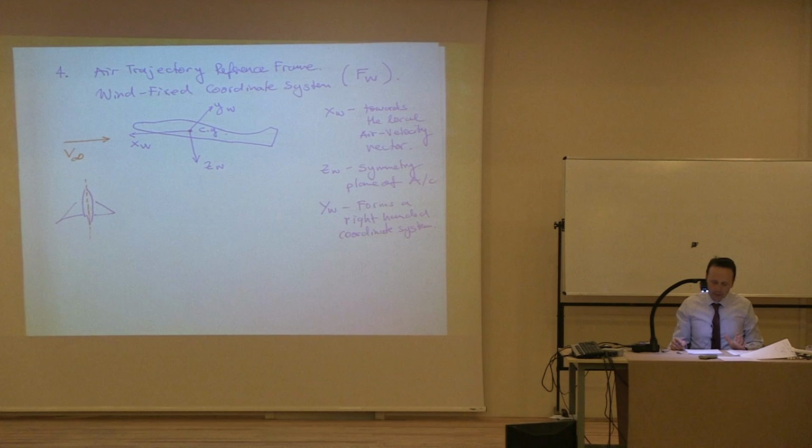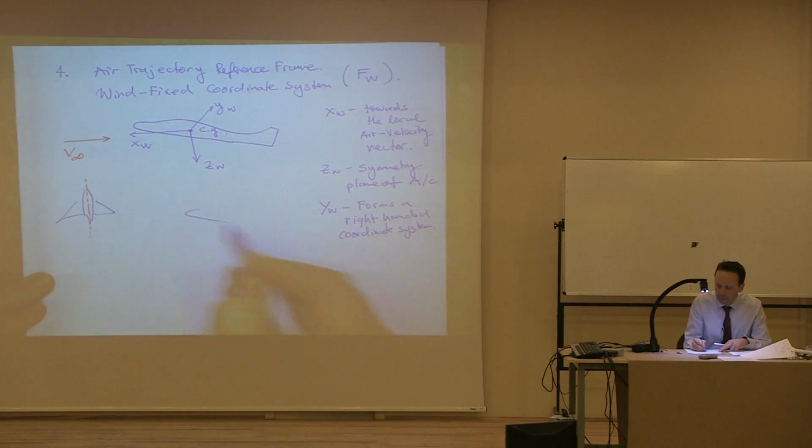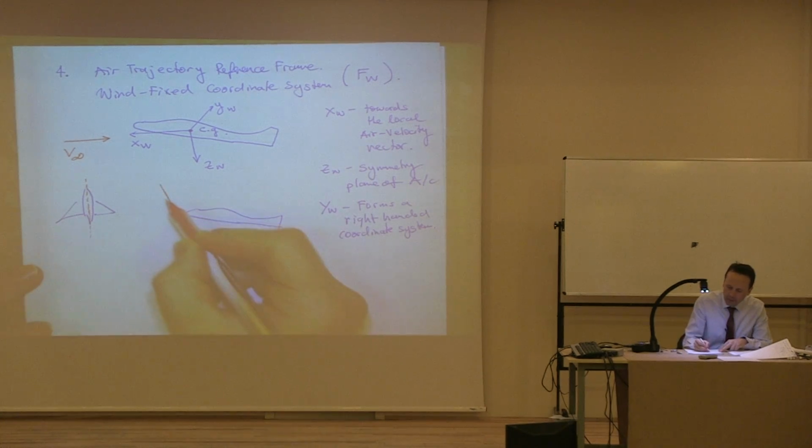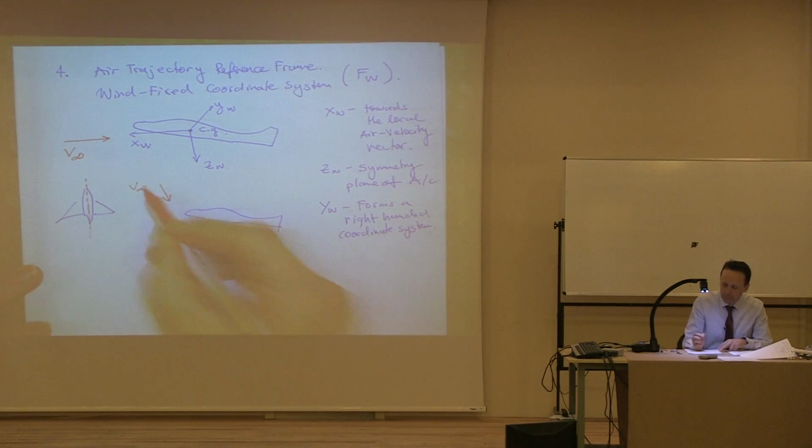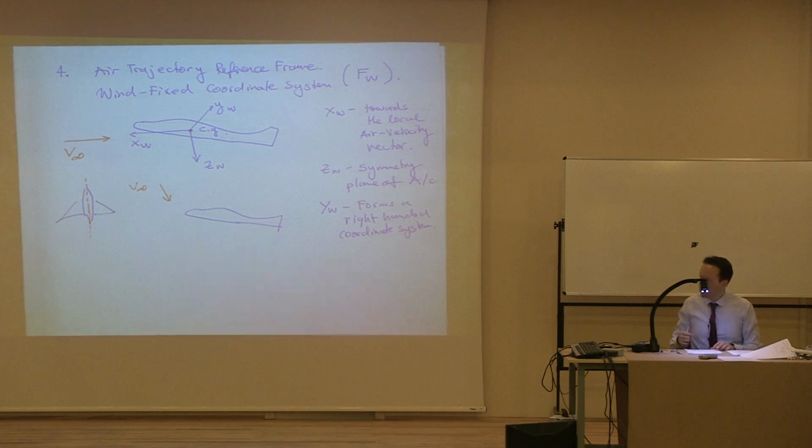Now, as V infinity is changing, the direction of XW will change with it, right? For instance, if you had an airplane where V infinity is coming from the top, this is a strange picture, of course, it's probably an airplane in stall.